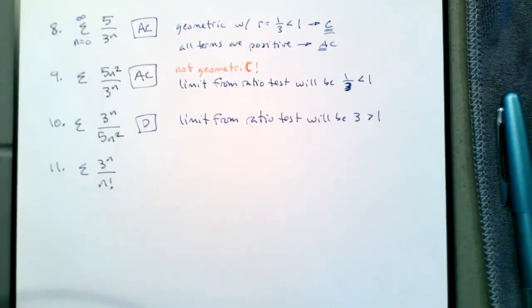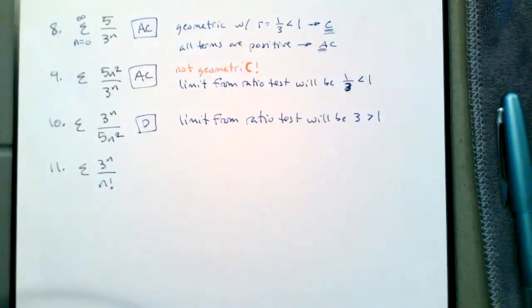So since we're on the topic of the ratio test, we should start thinking about how factorials compare to things. And now I've got this 3 to the n. In example 10, 3 to the n was winning. It says, I will take these terms to infinity, and the 5n squared can't keep up. But now the 3 to the n on the top that wants to go to infinity is fighting with a 1 over n factorial.